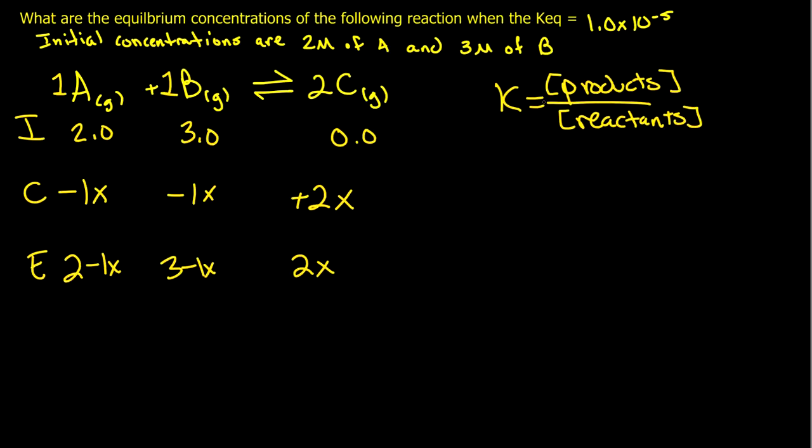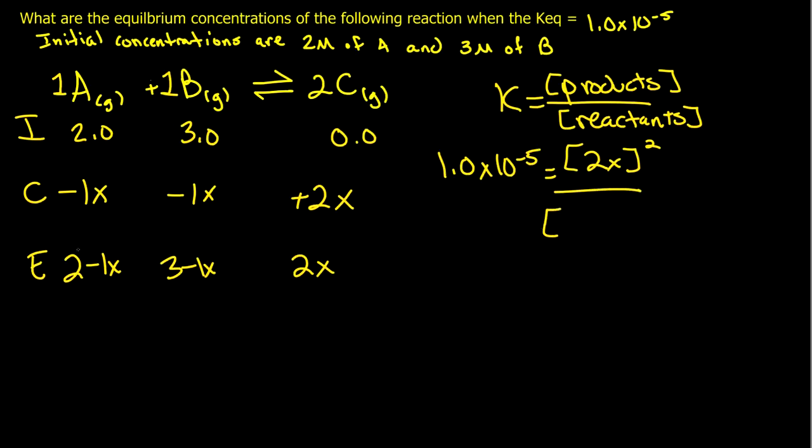So K is 1.0 times 10 to the negative fifth. Our product is C. It's a gas, so we include it. So C is 2x, and it is going to be squared because there's 2, over the reactants.